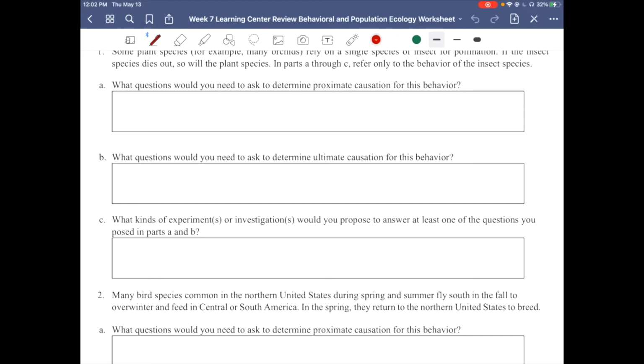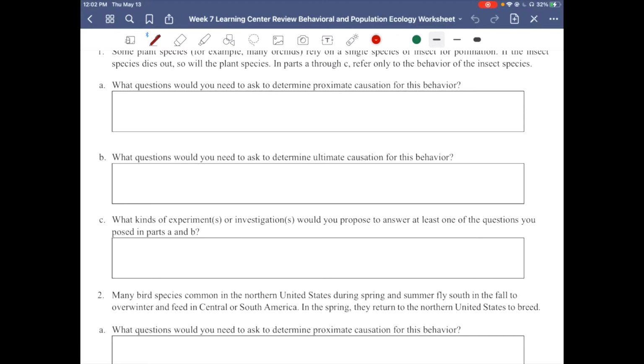So, can anyone tell me what proximate causes are versus ultimate causes? All right, I see a chat. It says genetic causes and ultimate causes would be like evolutionary causes.